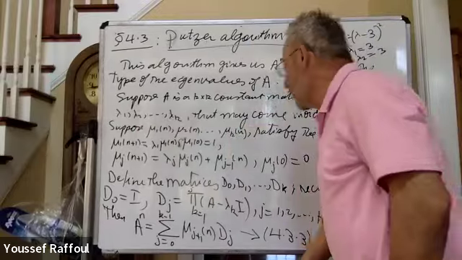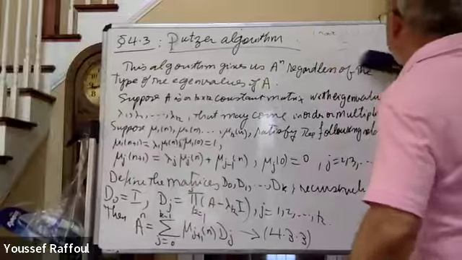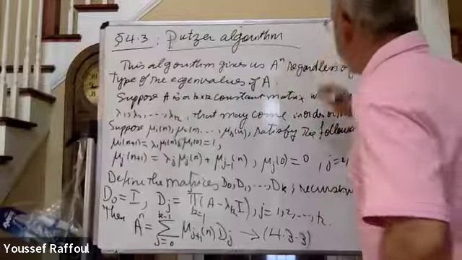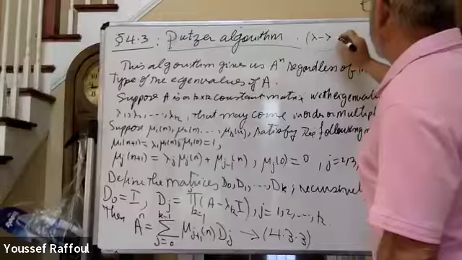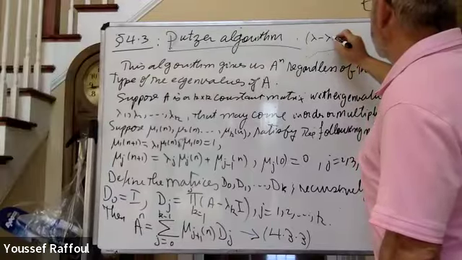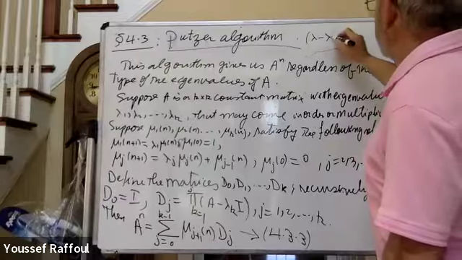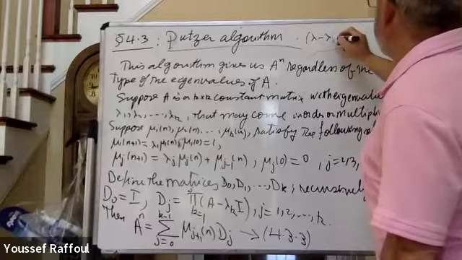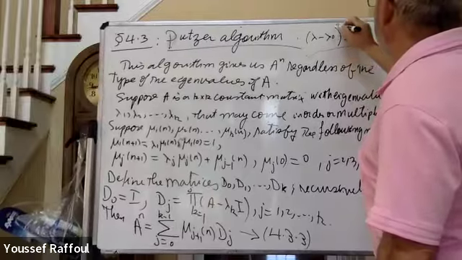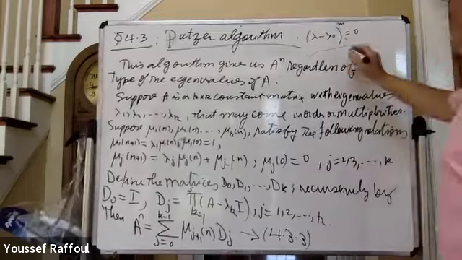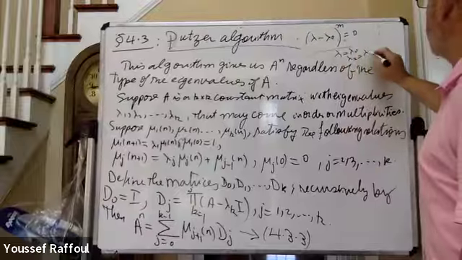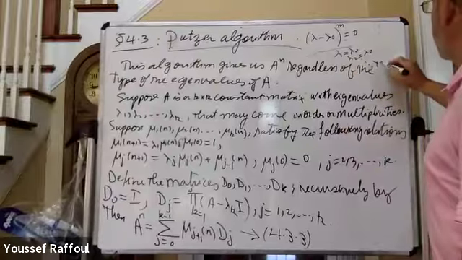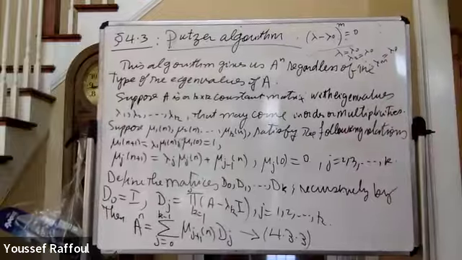In other words, if the determinant has lambda minus lambda 0 to the power m equal to 0, then lambda 1 equals lambda 0, lambda 2 equals lambda 0, all the way to lambda m equals lambda 0. That's how you label them.